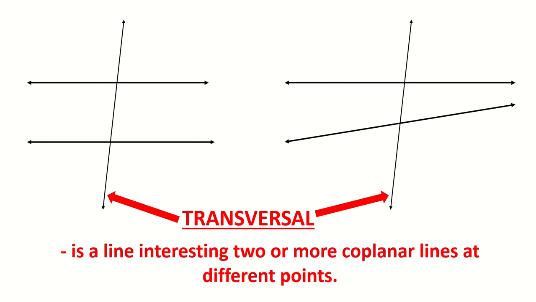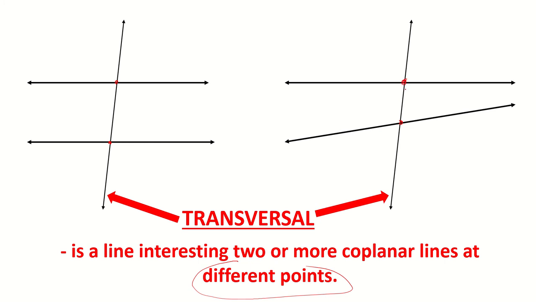So how do we define a transversal? It's a line intersecting two or more coplanar lines at different points. The different points that we are referring to here are these points.